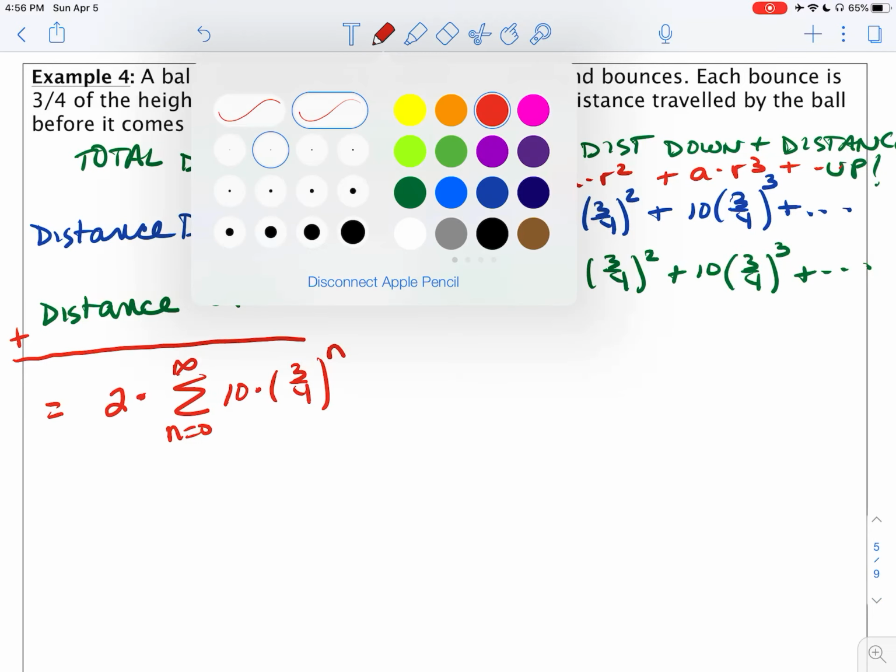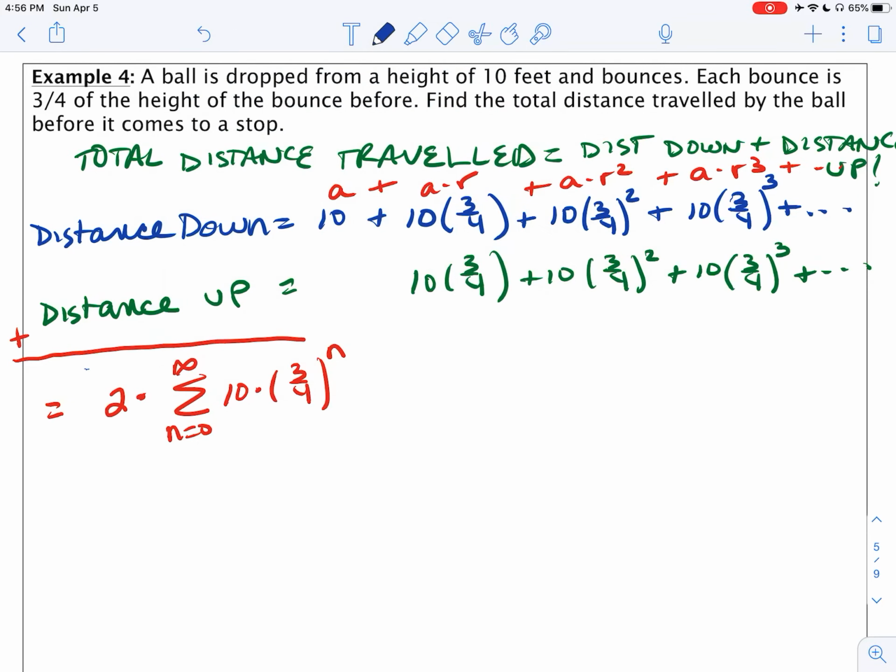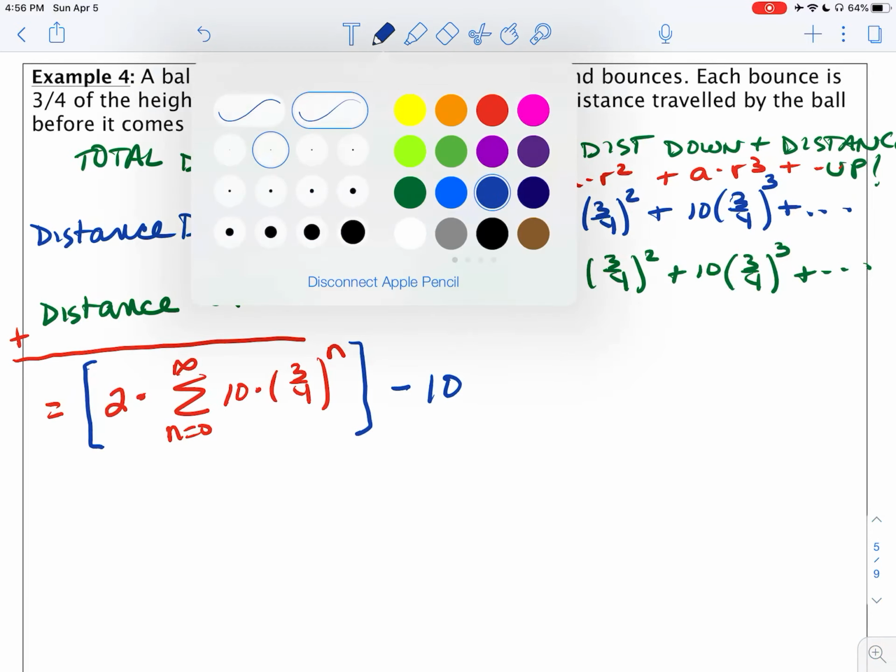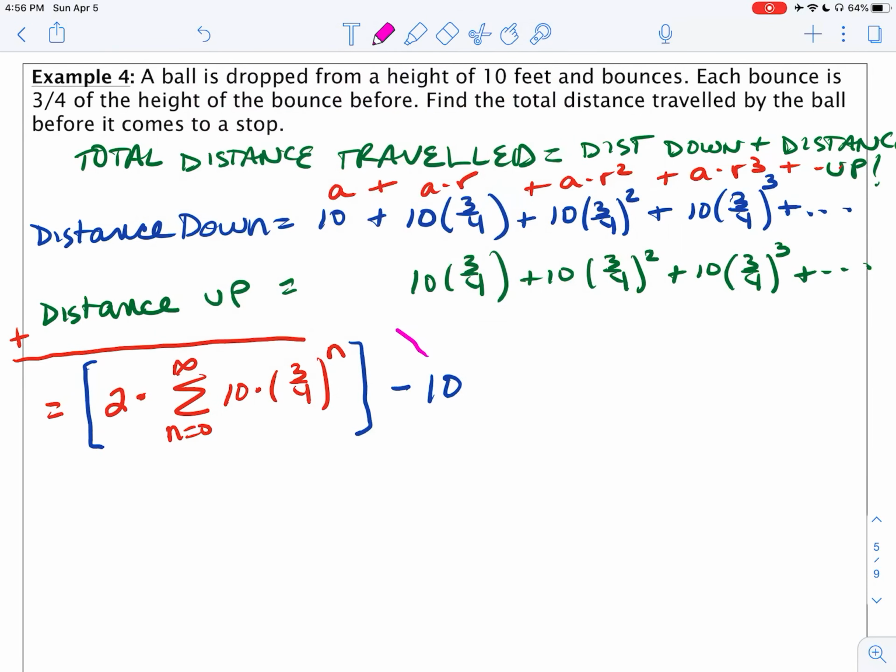But then if it's twice that, what one piece are we missing? We'd have to subtract out that 10 feet, right? Because it is missing here.